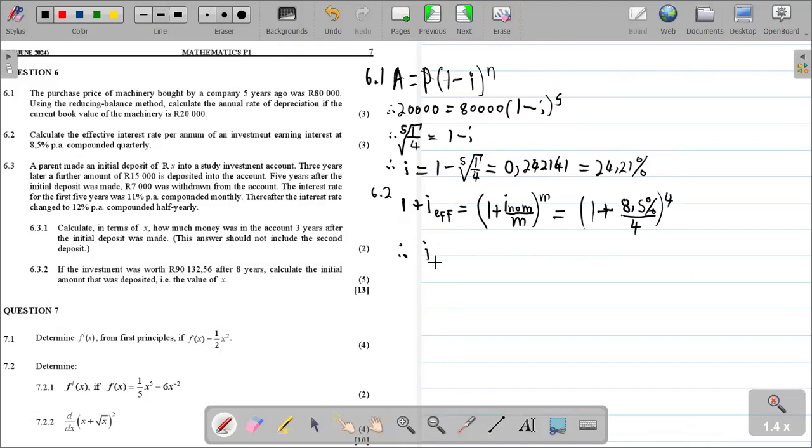So the effective interest rate will then be equal to 1 plus 8.5% over 4, and then to the power 4, and then minus 1. And then it's going to be equal to, you use a calculator here, 0.0877. So we multiply by 100, you get 8.77%.